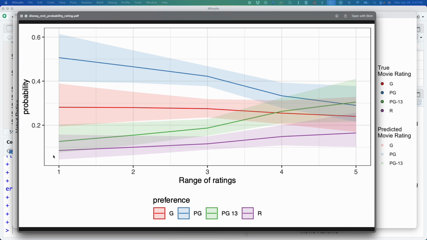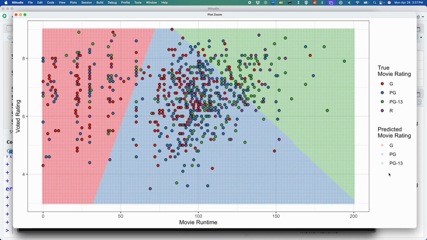So this set of probability curves is akin to the probabilities across a range of a fixed runtime.